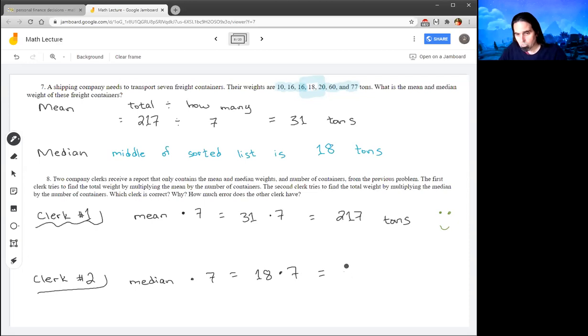So he's getting 126 tons. So that's bad news. If he orders a truck based on that, it's not going to have enough space. So the moral of the story is if you're trying to work to a total from a typical measurement, pick the median. Don't use the mean for that purpose.